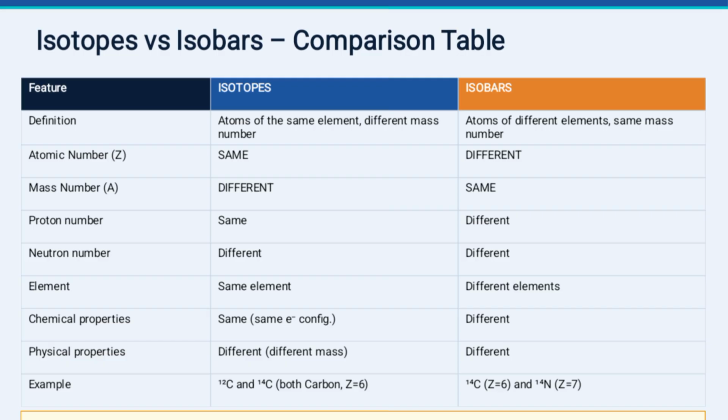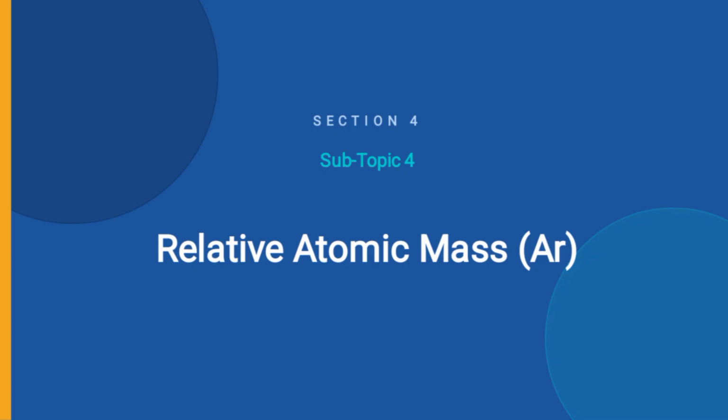Isotopes are atoms of the same element with different mass numbers. Isobars are atoms of different elements with the same mass number. And then the list goes on. Atomic number in isotopes is the same. In isobars it is different. Mass number in isotopes is different. In isobars it is the same, and so on and so forth.